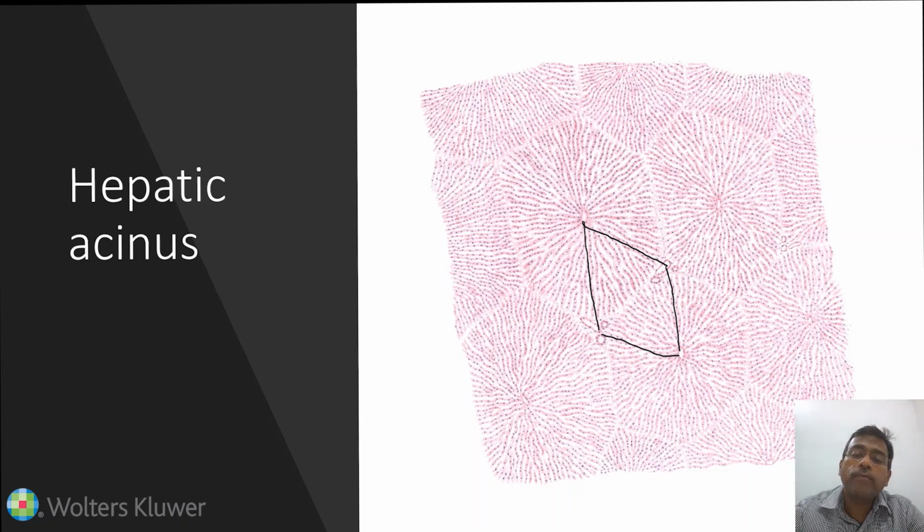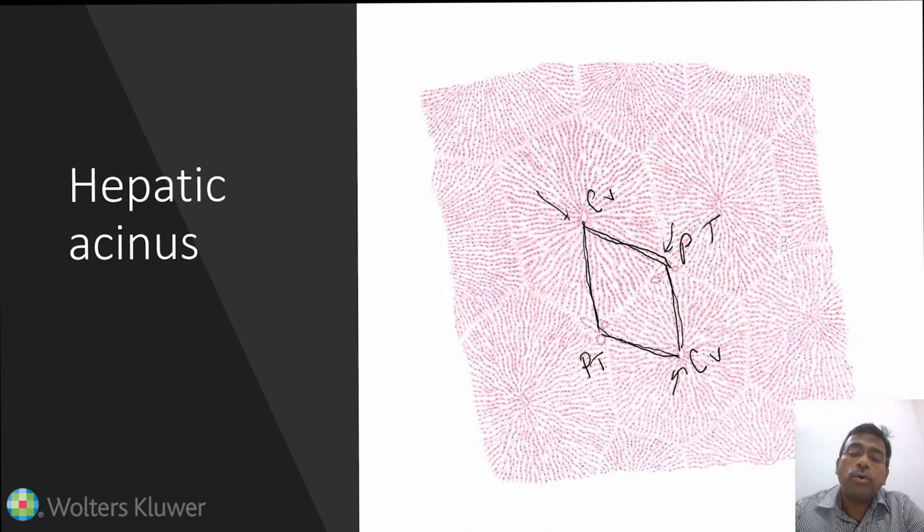So at 2 opposite angles there are central veins, and at the other 2 opposite angles there are portal triads. And this diamond shaped area is the hepatic acinus.